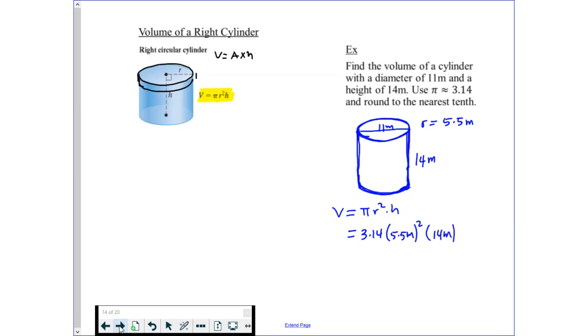So 3.14 times 5.5 squared times 14, which is 1329.8. It's just evaluation, basically.